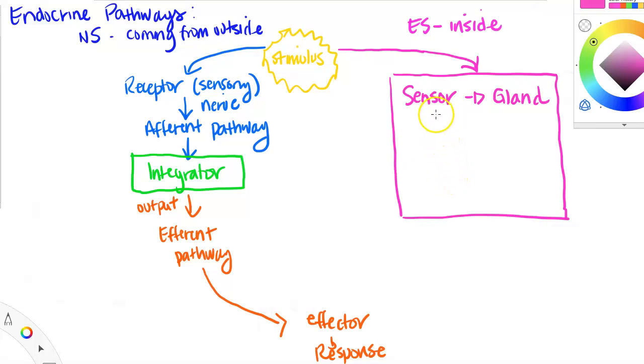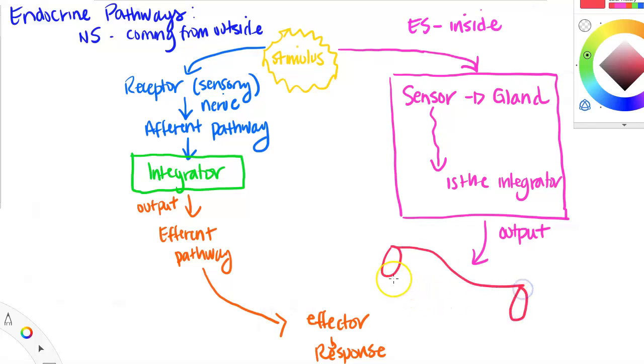Okay, so in the endocrine system, the sensor is the integrator. Because using the parathyroid as an example, if the parathyroid sees that blood calcium levels are too low, the output will be that it will dump parathyroid hormone into the blood.